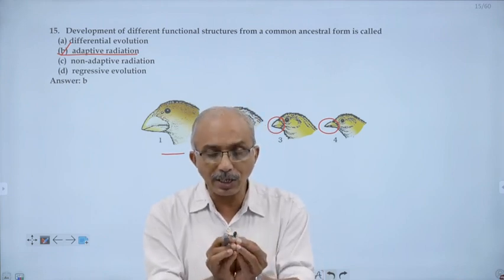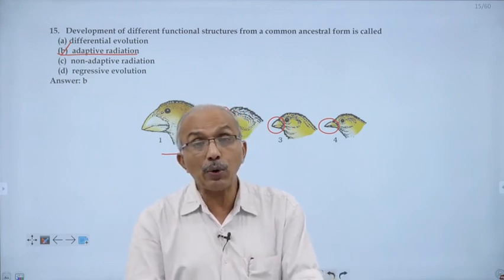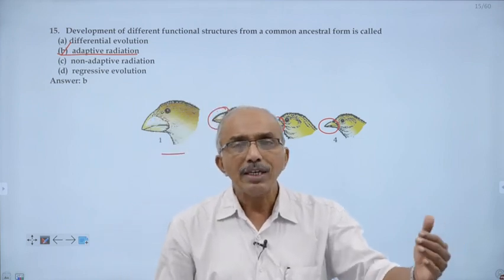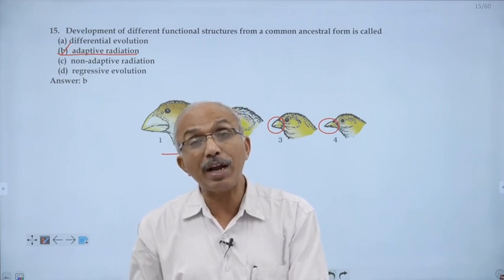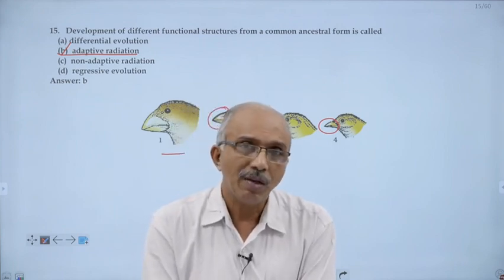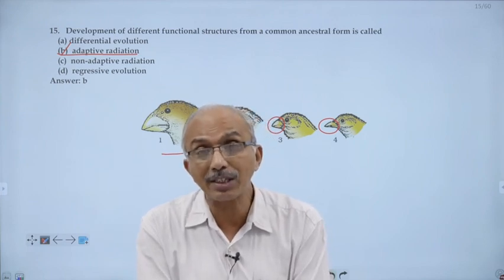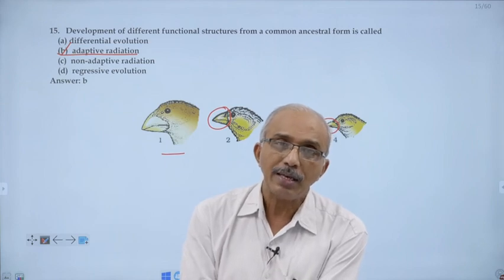From a common ancestral stock, different types originated. During their course of evolution, they migrated to other parts of the geography, their food habit changed, and the beak pattern changed as well. So this is adaptive radiation.